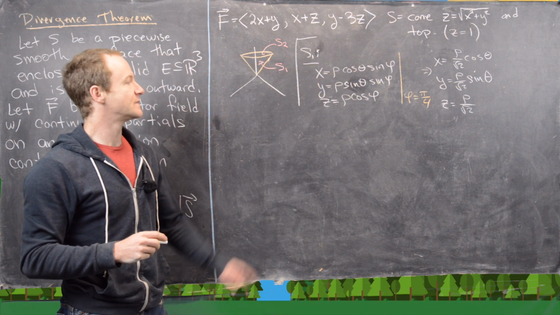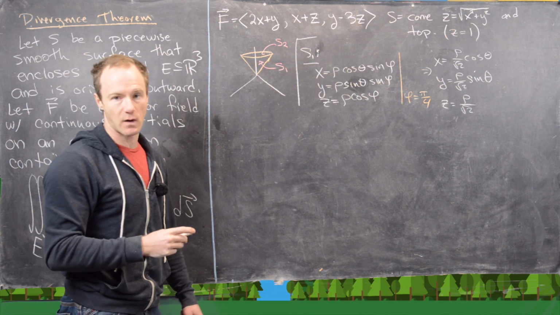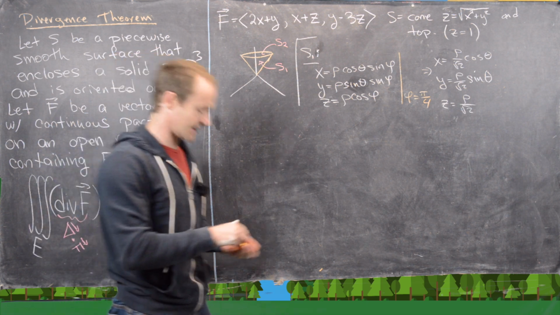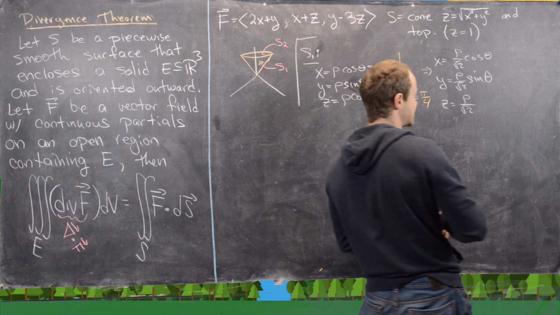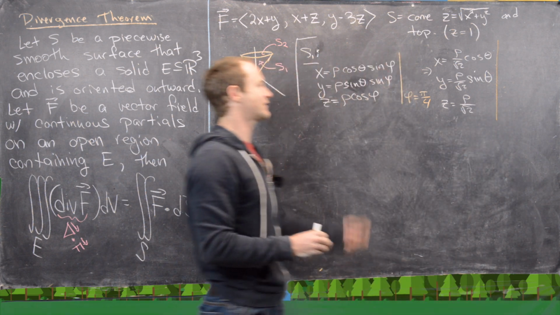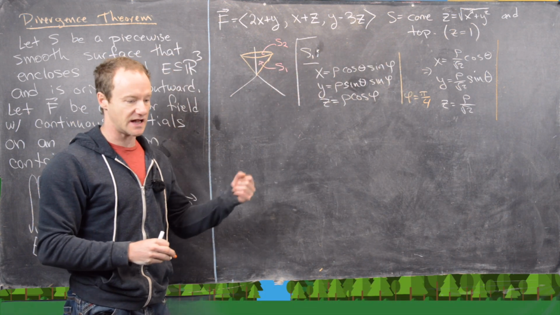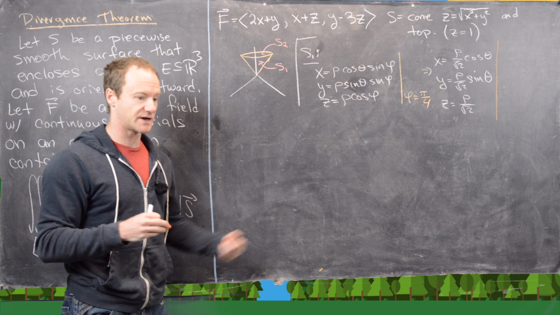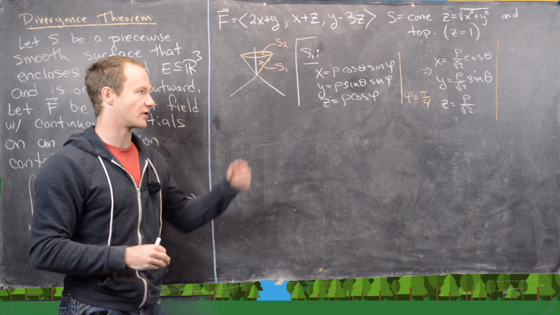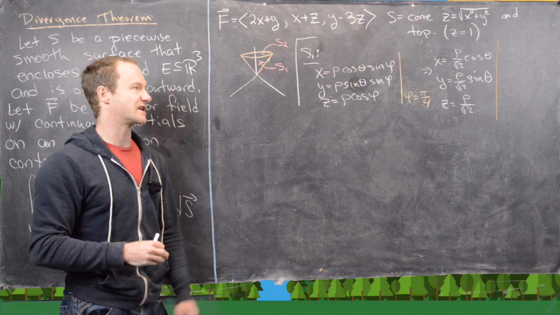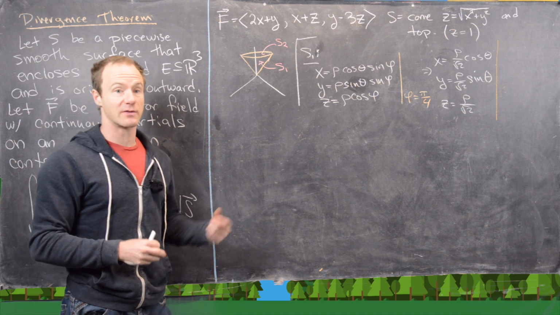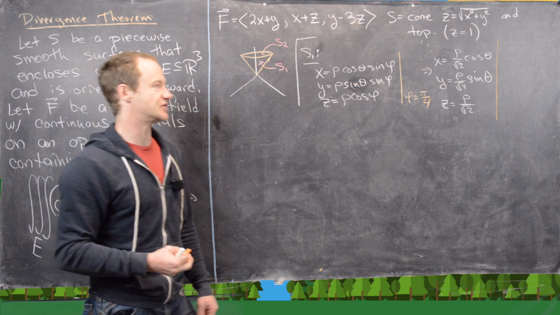Great. But now we can actually simplify this quite a bit, and we can do that by making a slight change of variables, and this is also something you might want to do. After setting one of your parameters in your spherical coordinates or whatever equal to a number in order to get on a surface, you might want to simplify the parameters afterwards by making a change of variables.